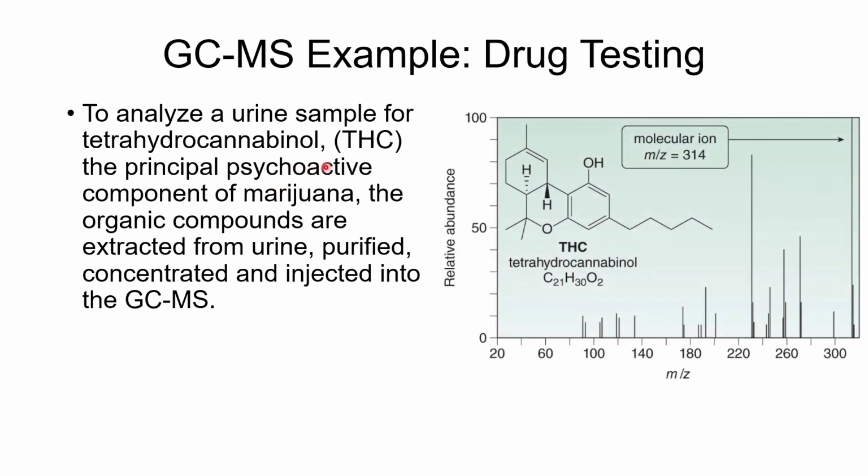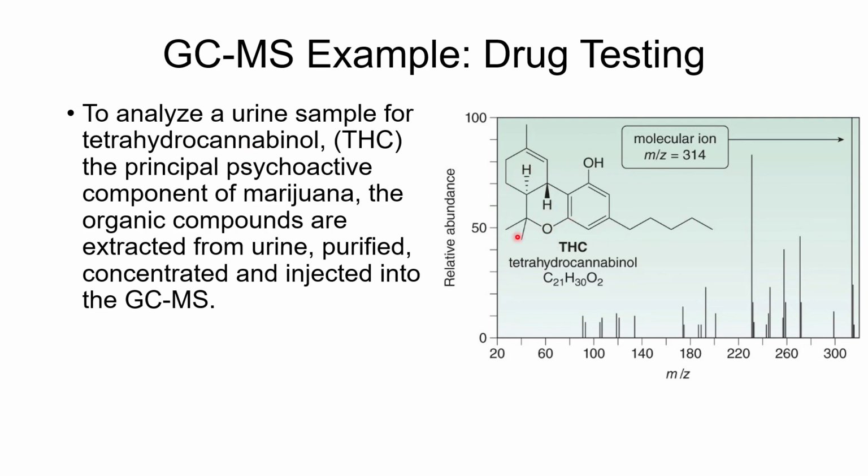So some employers will take this very seriously, and they will make sure that you are not consuming cannabis. And so one of the compounds that is a principal psychoactive component of marijuana is THC.